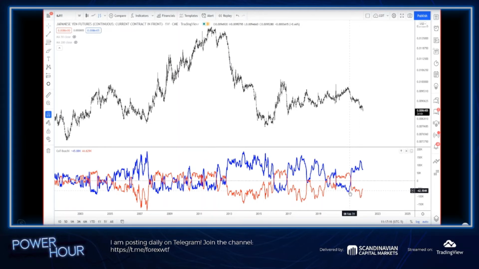Right now, it is the exact opposite. They recently were very long, in fact the biggest long position they'd had since October 2018, which was a price low in yen, meaning a price high in dollar yen. Now they've backed off a bit, but after the recent move I would expect you'll see this tick back up once we get COT data, which is annoying because it's released with a 3-day lag.